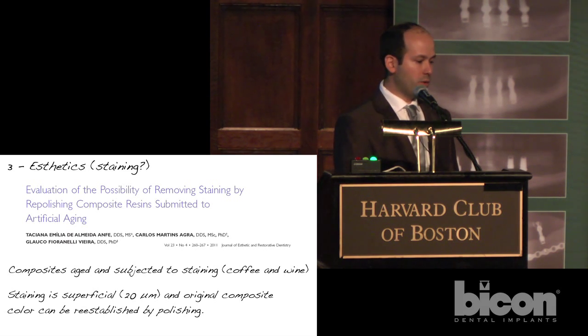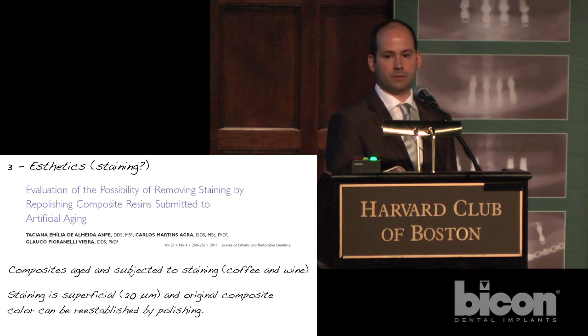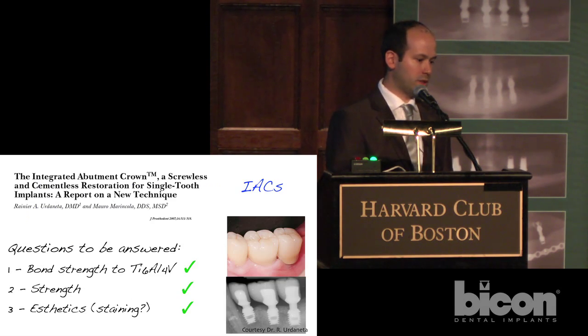So the original composite color can be reestablished by polishing. This is nothing new to Bicon users, and whoever does IECs probably knows that this is totally doable. So we're good with aesthetics too.